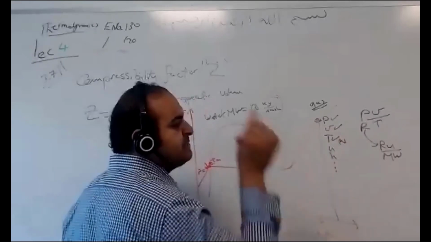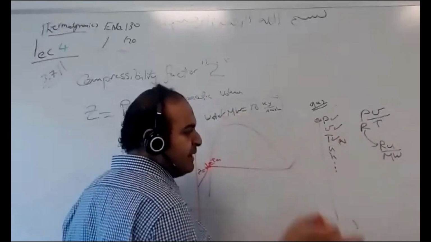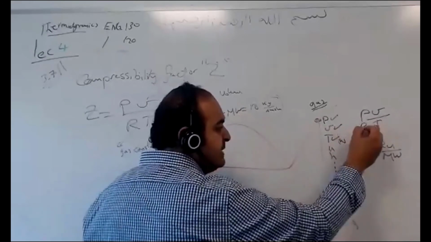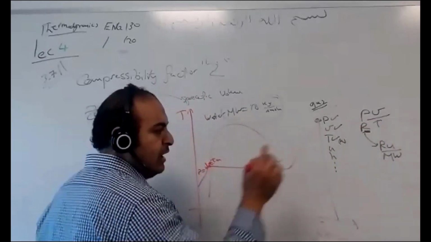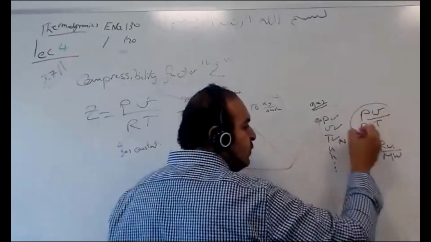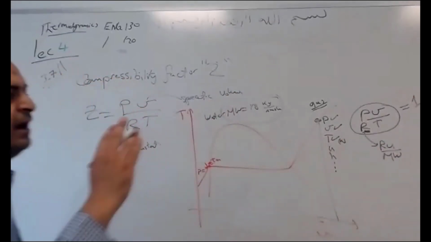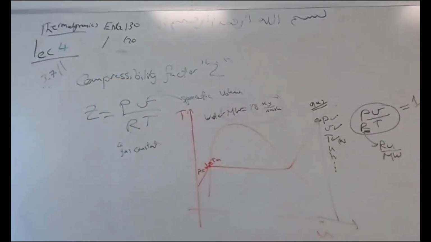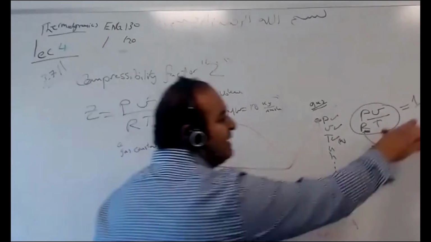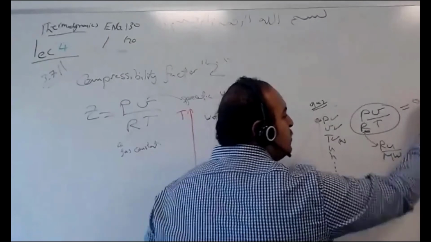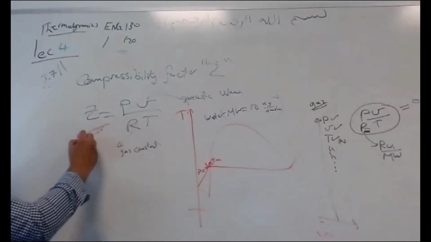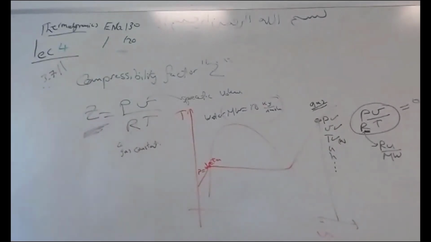Yes, tables are in Celsius, but you must substitute the temperature in Kelvin. And for this gas constant, universal over molecular weight, if this value becomes 1, this is the perfect ideal gas law. In reality, it's not 1, it's like 0.9, 0.8, so we call it the compressibility correction. Simple. So if this Z becomes 1, you are an ideal gas.